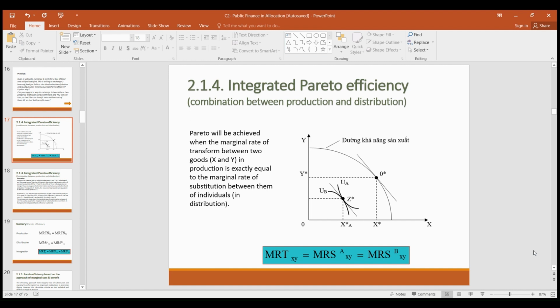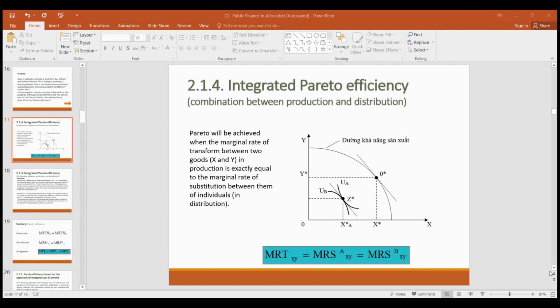The process of shifting resources from producing X to producing Y will cause the marginal rate of transformation, resources, between X and Y to decrease. Meanwhile, the conversion will increase the total quantity of Y and decrease the total quantity of X, leading to an increase in the marginal substitution rate between X and Y. The resource conversion process only stops when the marginal rate of transformation between X and Y equals the marginal substitution rate between them, for example 1.5.